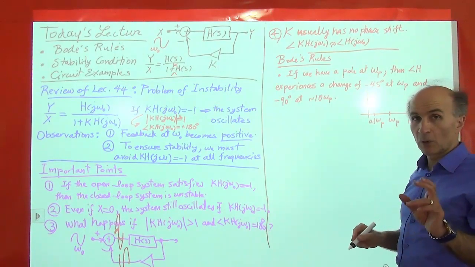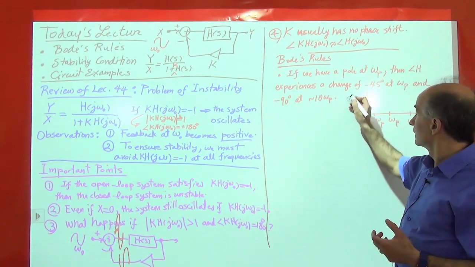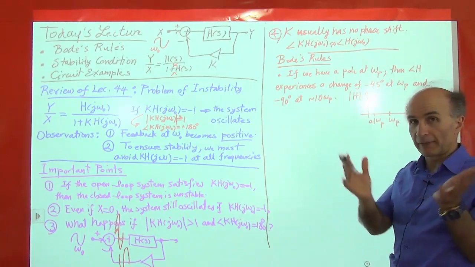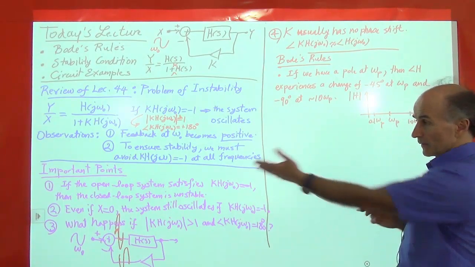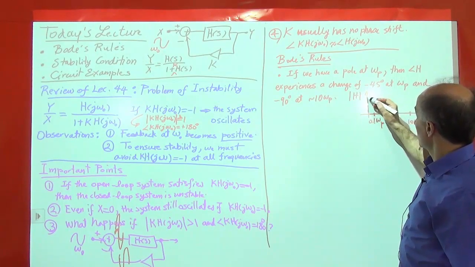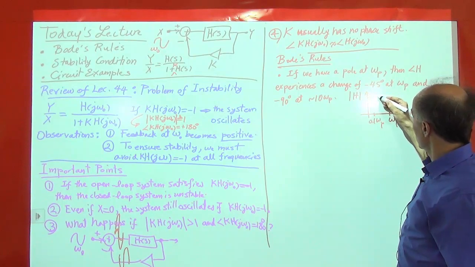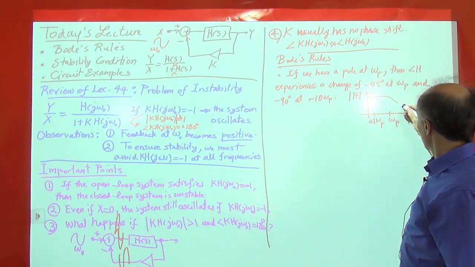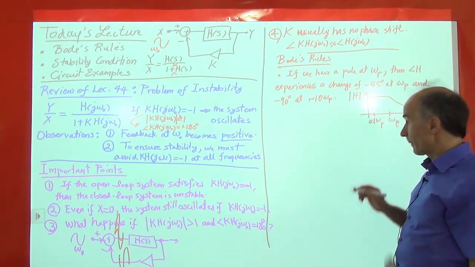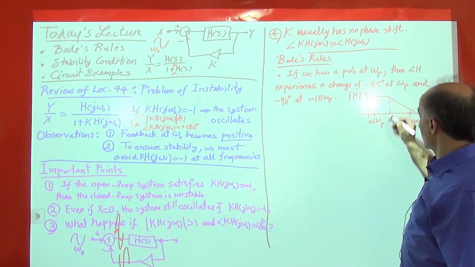And we construct both the magnitude of the transfer function, any transfer function you have, right? Doesn't matter where it came from. Let's say something is just a low pass filter, so it goes like this and it goes down like this. That's for the magnitude, as we have seen in the past. The 3 dB bandwidth is here.